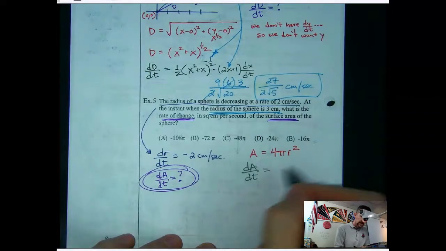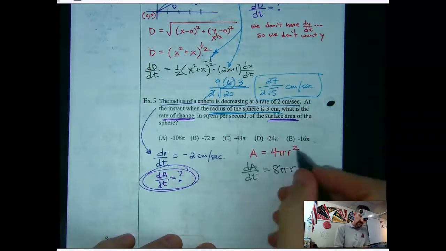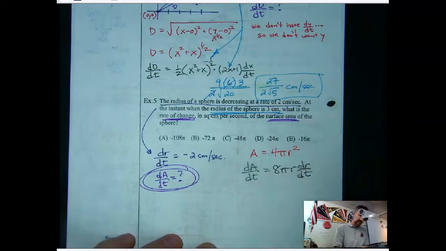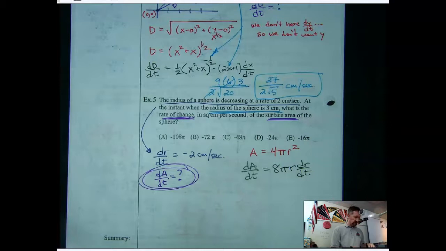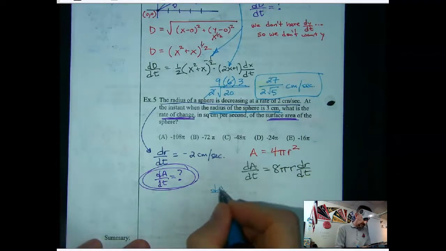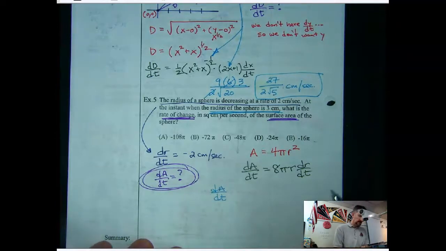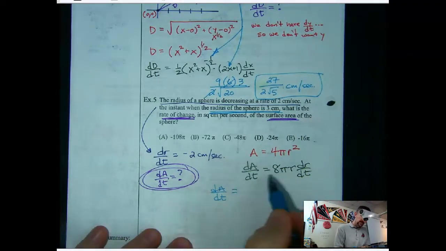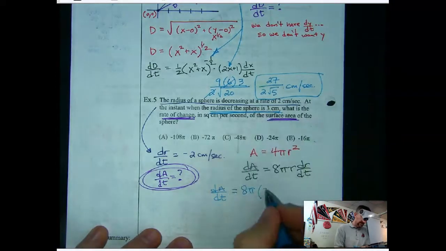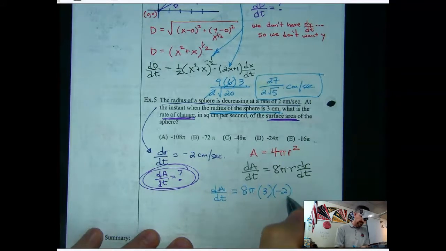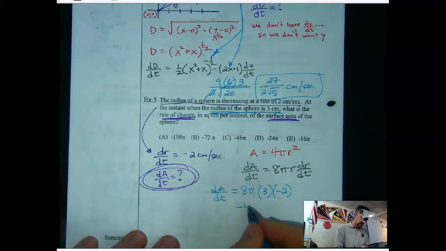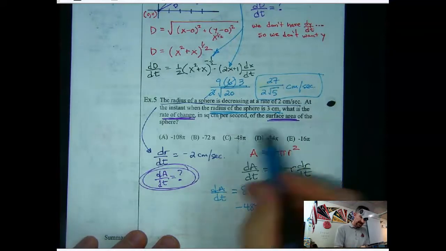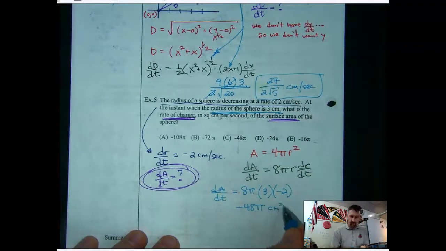So dA/dt equals 8 pi r dr/dt. Alright, and so now we ought to be able to substitute a couple things in. So dA/dt is going to be 8 pi times r is 3, and dr/dt is -2. So that's going to be -48 pi, and area is going to be centimeters squared.